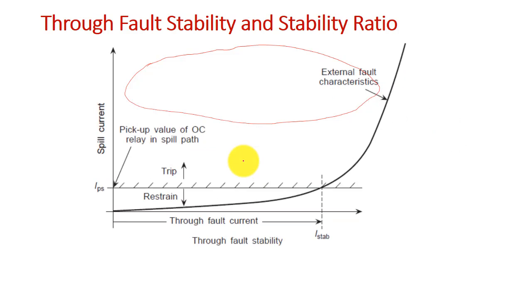Let us see then. This is your characteristic. If we plot the spill current versus the current flowing in the loop, that is the through fault current, we can say loop current or through fault current, we can see that as the through fault current increases, your spill current will gradually increase, and after some time it will cross the IPS, that is the pickup current of the overcurrent relay in the spill path.